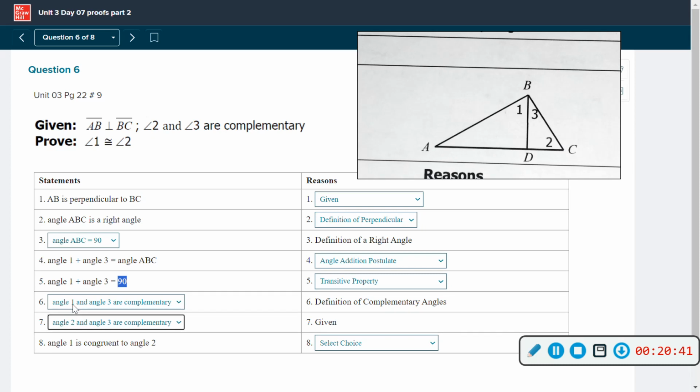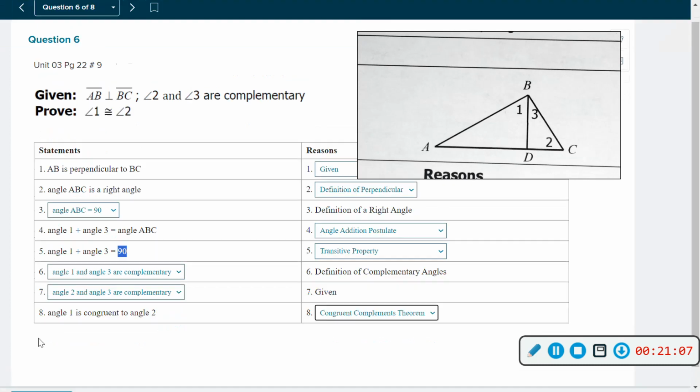We have 1 and 2 are congruent, and look, they both share angle 3. So basically, you're cutting out the middleman, not in terms of equals, but in terms of complementary, which is what we did a minute ago. So that would be congruent complements.